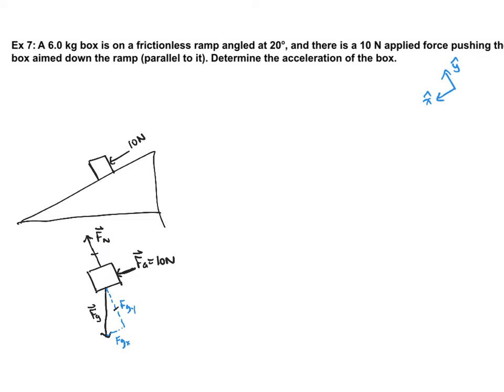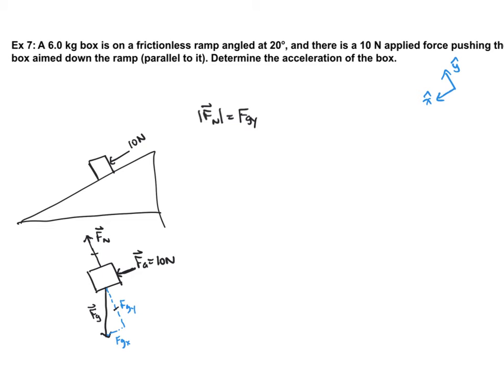All right, determine the acceleration. So in the y direction, normal force is equal in magnitude to the y component of gravity. I'm just going to write that there because that's true. I don't think we actually need that equation to help answer our question. To answer our question, we look at the x components.